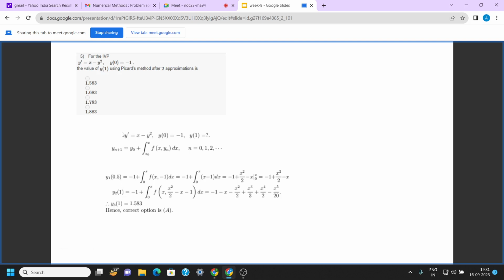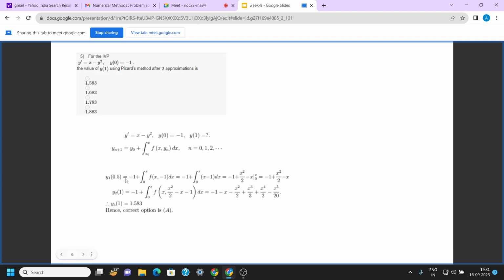Fine. So by Picard's method, y_{n+1} is equal to y0 plus the integral from x0 to x of f(x, y) dx, where n is 0, 1, 2. Fine. So y' is what? x - y^2. So this is your function f(x, y). Now y(0) is what? Minus 1 here. So first we calculate y1 at 0.5.